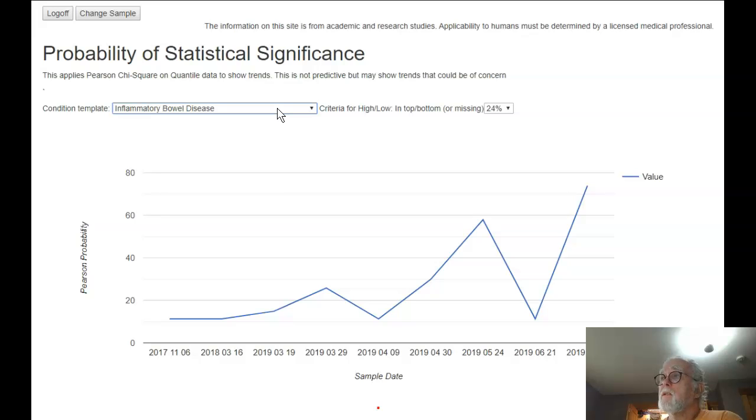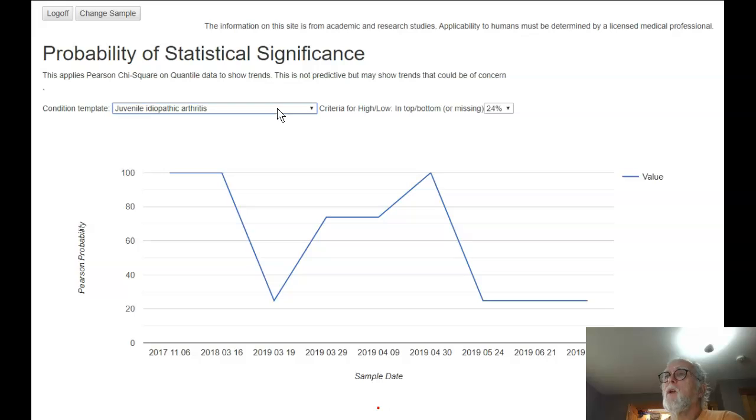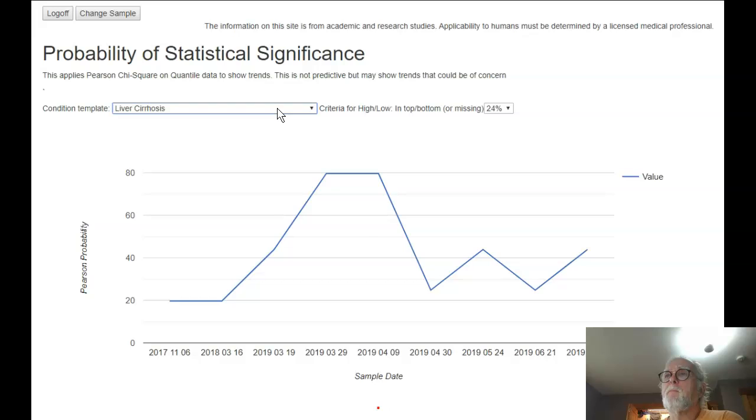Inflammatory bowel disease. It looks like actually I'm improving in terms of having less risk of it. Irritable bowel, bouncing around. Arthritis. We wait a couple more. We had 3 consecutive measurements showing a low, and we'll just see how we are doing a couple more.